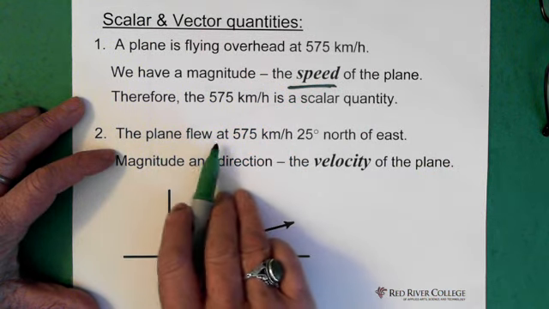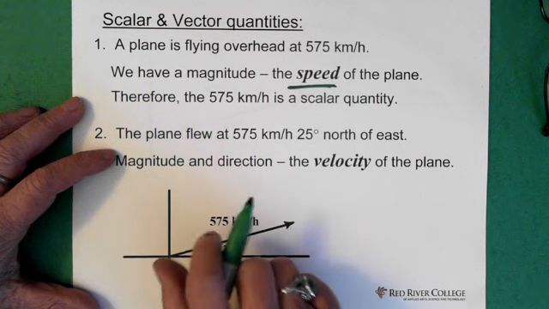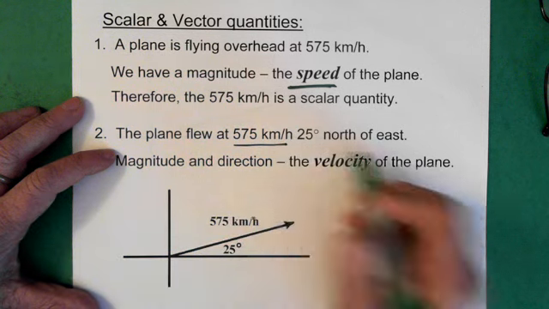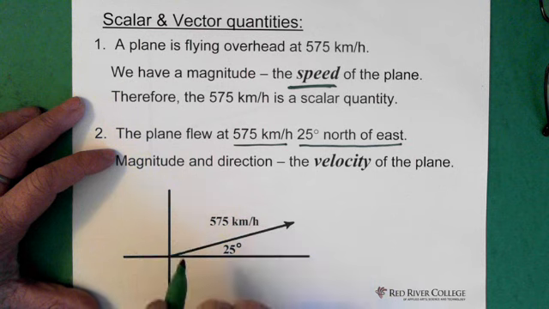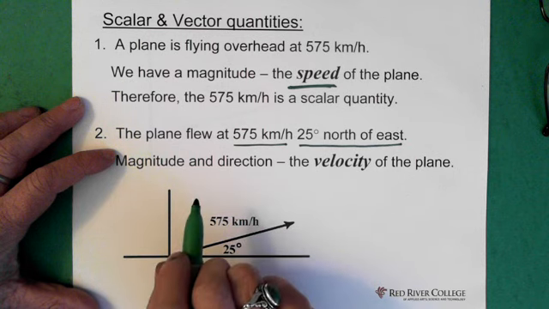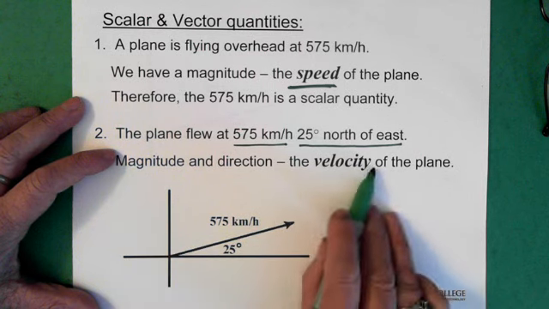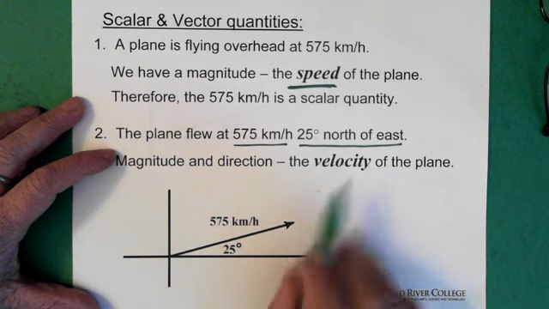If we said the plane flew at 575 kilometers per hour, 25 degrees north of east, now we have magnitude and direction. As soon as we have magnitude and direction, we have a vector. And the name of that speed becomes velocity.